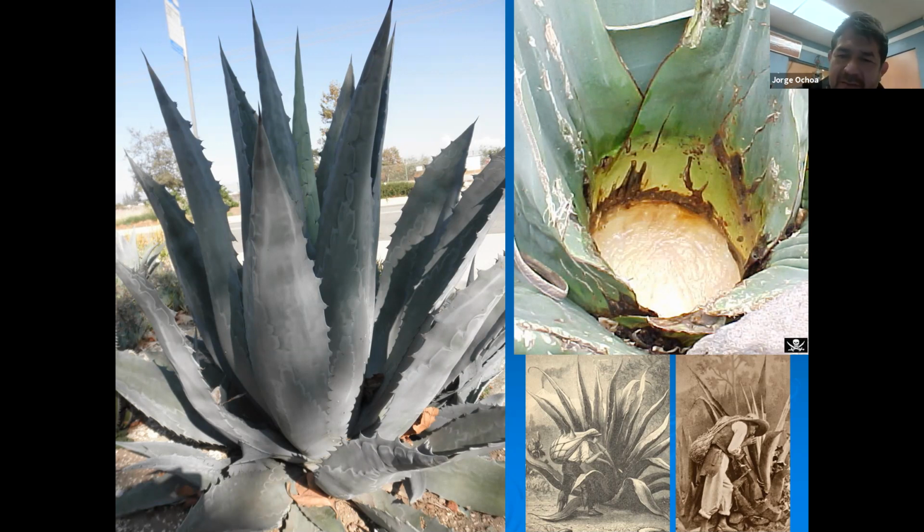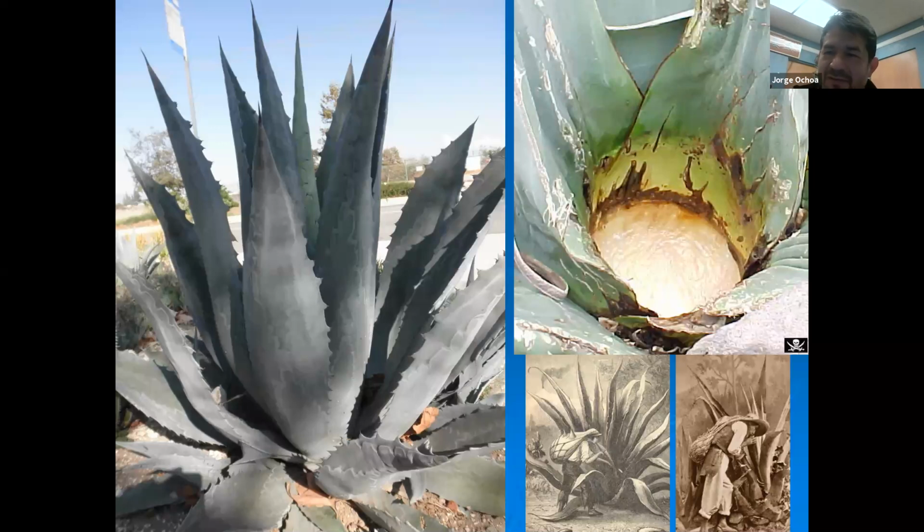Then the people went around with a special device that would extract the liquid. And the liquid mixed with the saliva of the person is going to add the bacteria that will ferment the liquid. Fermenting the liquid then eventually changed some of the sugars into alcohol.